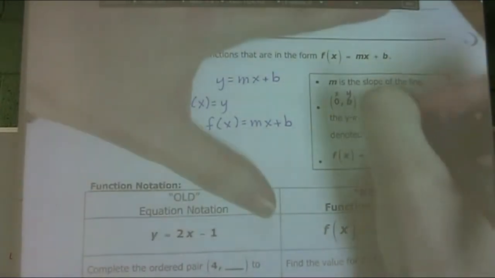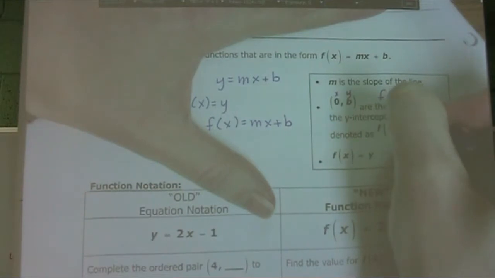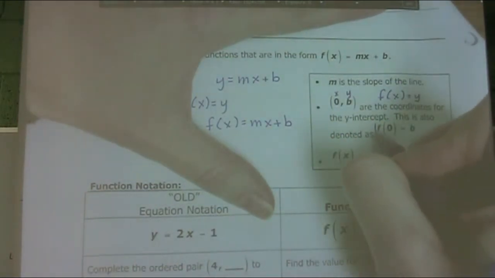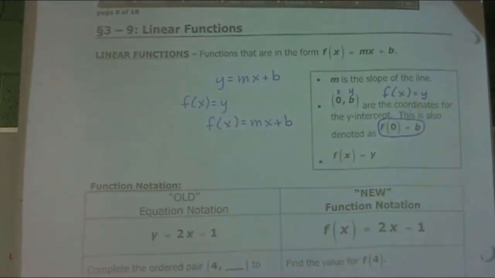And if we write this in the form f of x equals y, which it does, and put the x and y in there, it looks like this: f of 0 equals b. So if you have the f of 0 value, that happens to be the y-intercept.